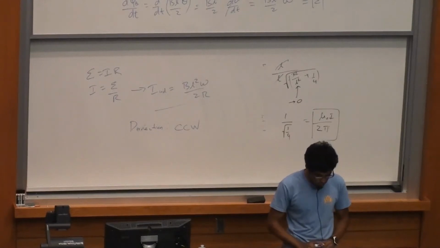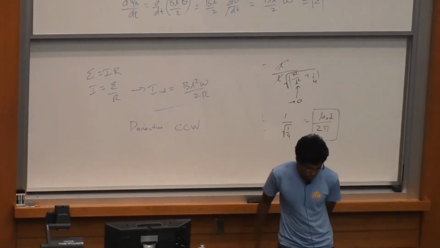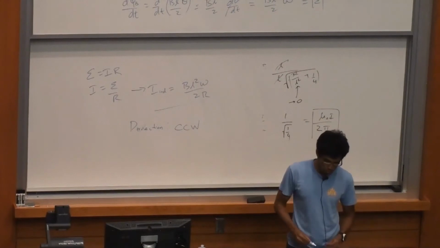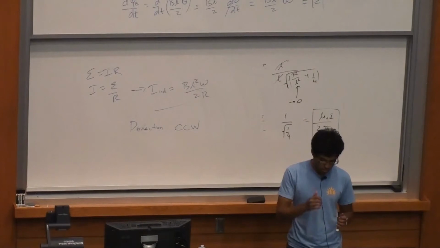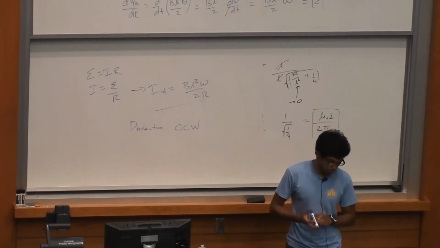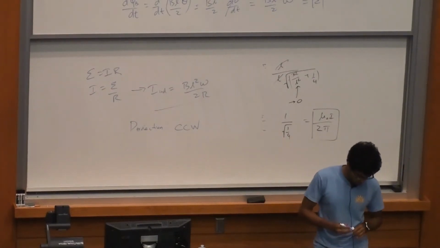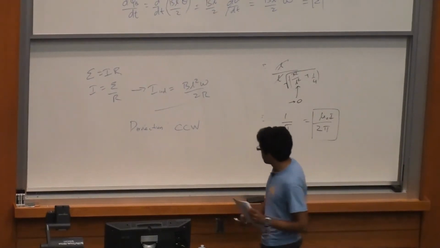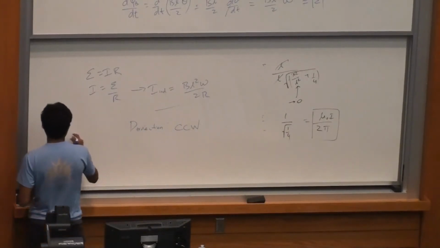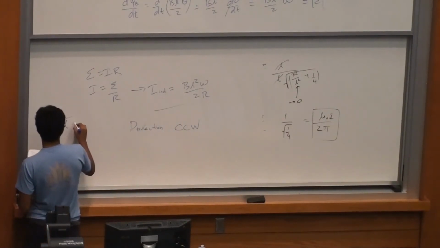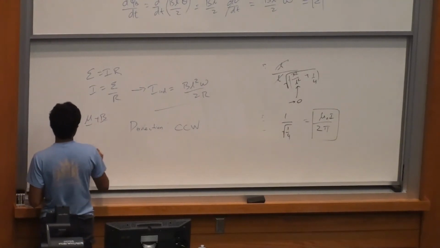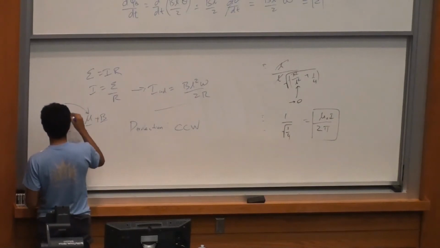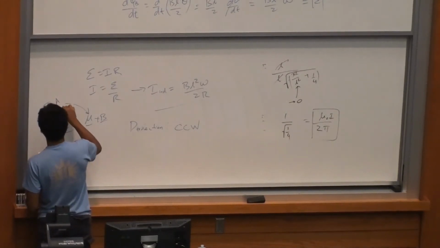Problem 6. Current I goes through the rectangular loop, and there's a uniform magnetic field B, as shown, perpendicular to the paper, coming towards you. What is the torque on the rectangular loop? Well, we know that the torque, which is a vector, equals mu cross B, where mu is I times the area vector.